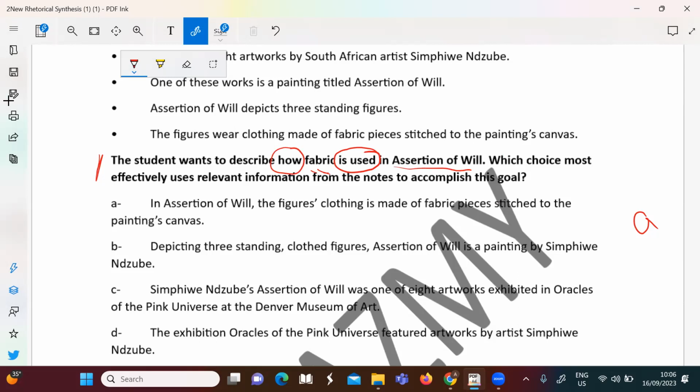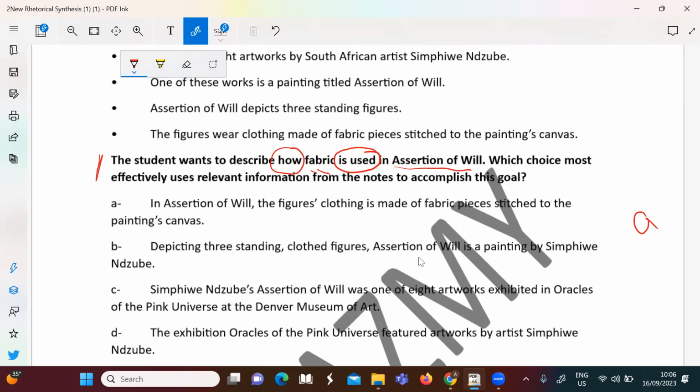Did anyone choose something other than A? All of us chose A. Okay, I need you to explain why you chose A. Begin from B. B is talking about the painting itself, Assertion of Will, not the fabrics. Depicting three standing clothes.